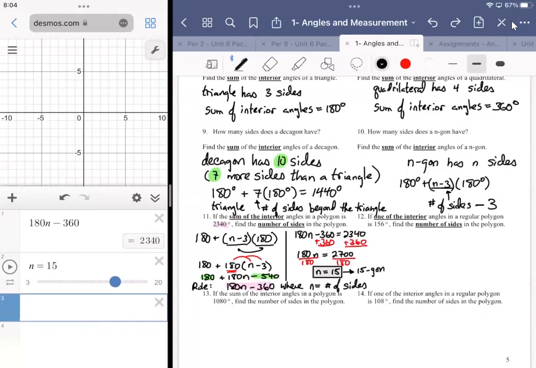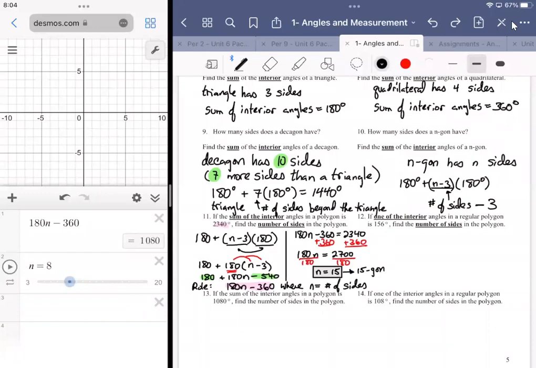So if you ask, what's the number of sides if there's 1080 degrees in the polygon? I would just scroll around until I come across a 1080. Once I settle in on that, I would see that it's 8. So I know it's got to be an 8-sided figure, and that would be my answer.